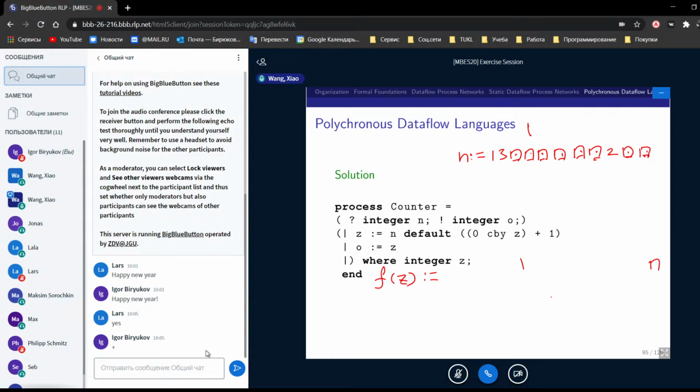0 continued by z basically means that we put 0 in front of any sequence, and shift it. So 0 plus 1 is 1, but it's n default 1. So it's 1 because the first value of n is 1.